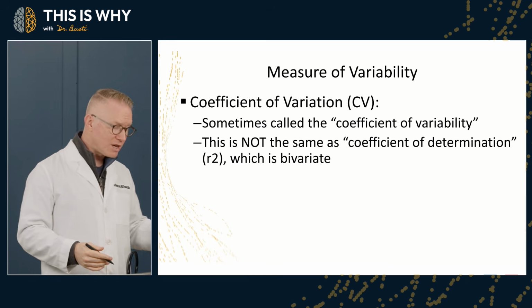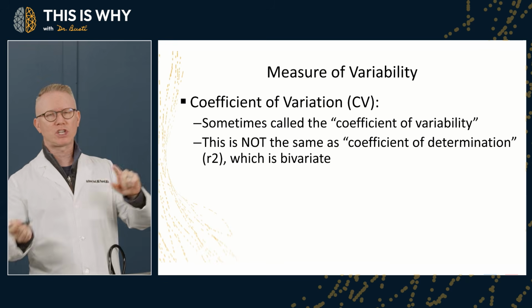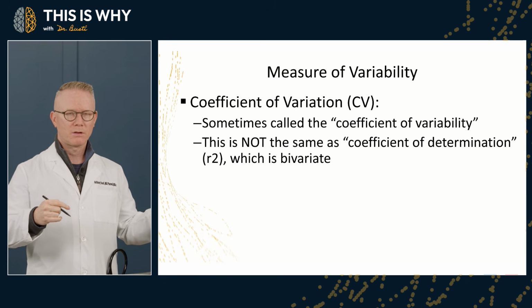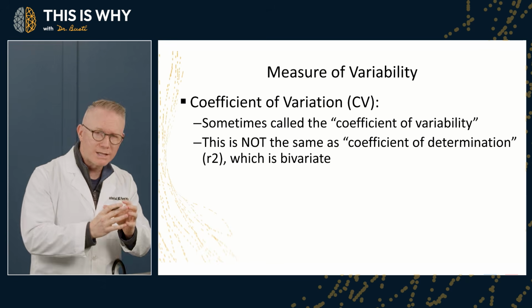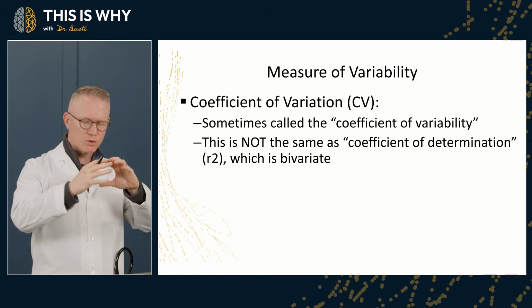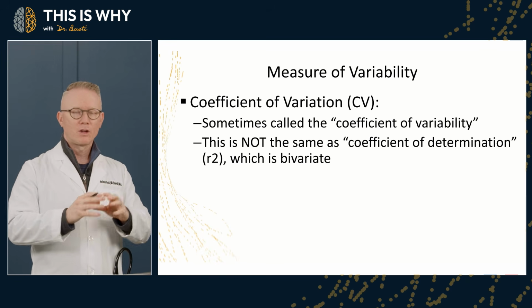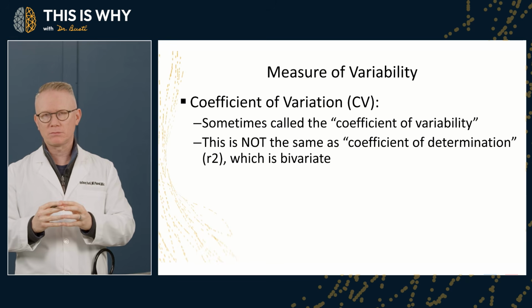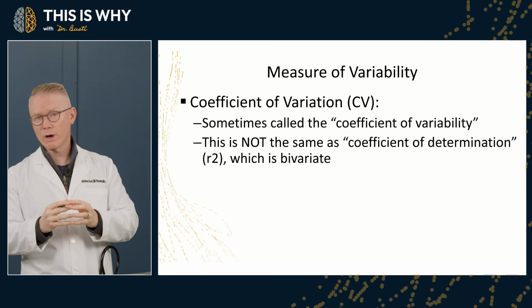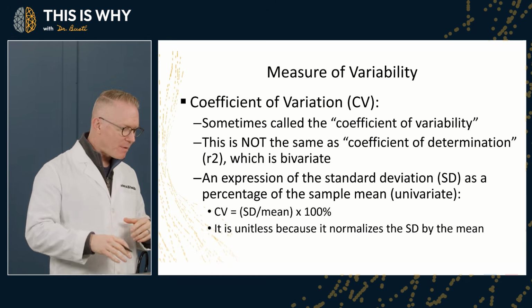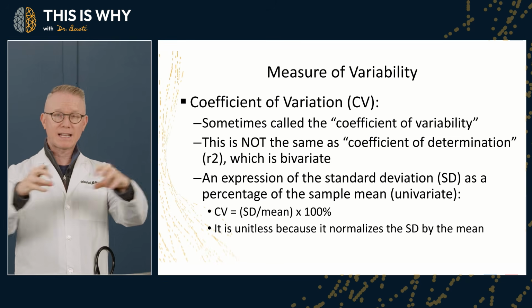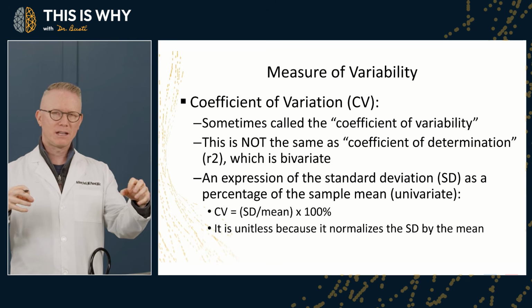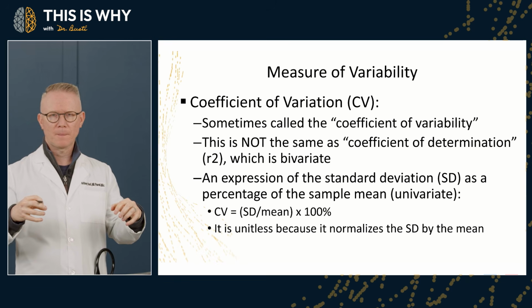Okay, this is not the same as coefficient of determination, which I don't want to confuse you, right? But we're talking about one sample. It's univariate. It's one group of data. Coefficient of determination, R squared, that is about bivariate data, two different things and how they relate and interact with each other, okay?